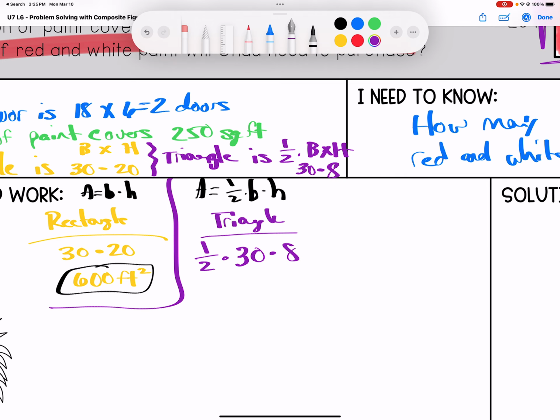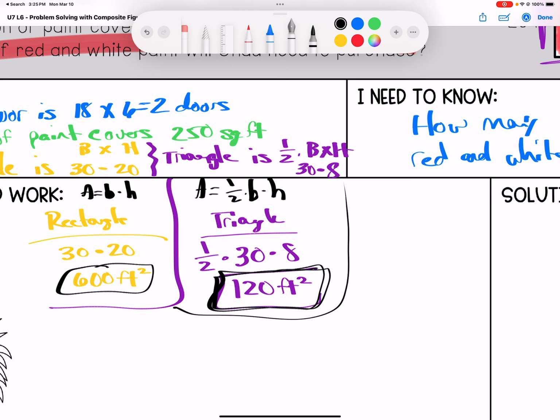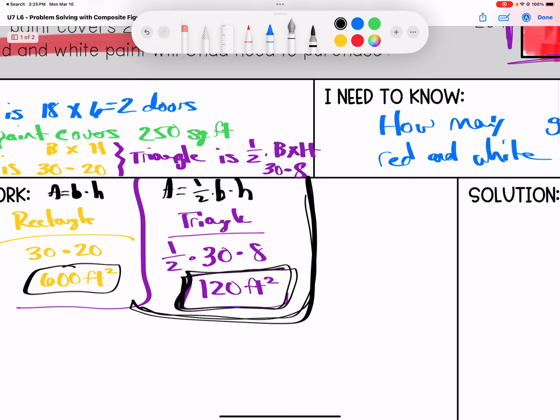Half times 30 times 8. 30 times 8 is 240. Half of that is 120 feet squared. That is the total barn height. But we have to subtract the doors because we don't need the doors in there too. So that's the total without the doors. Now we have to figure out the doors.